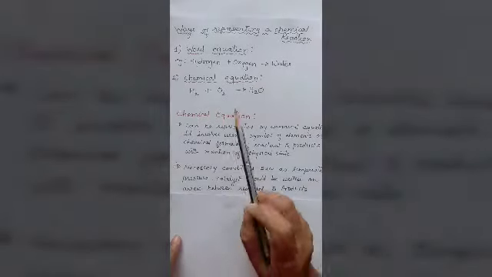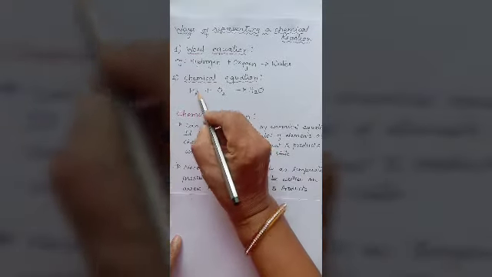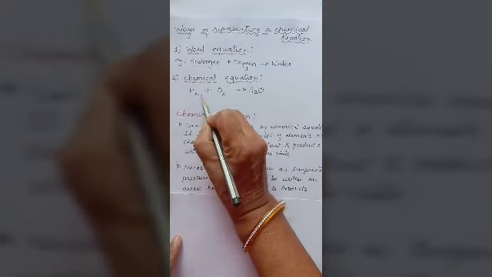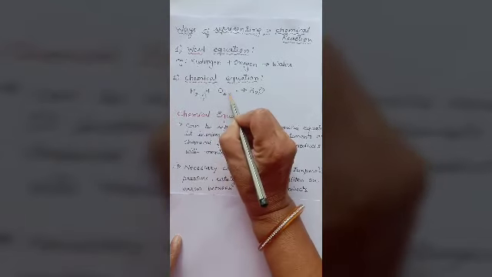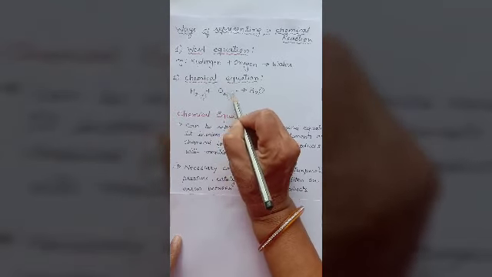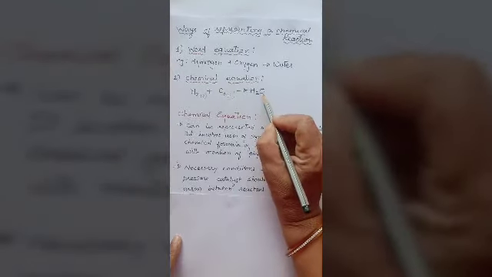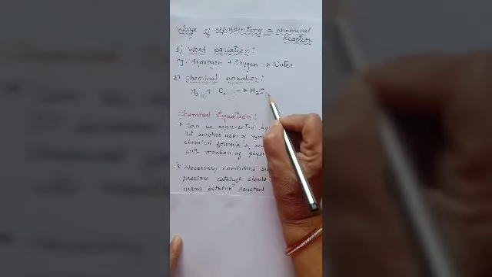Now, physical state, say for example over here, this is a gas, so I write g over here. This is gaseous state, so I write g over here. And the water that is formed will be in the liquid state, then I write l over here. Correct?